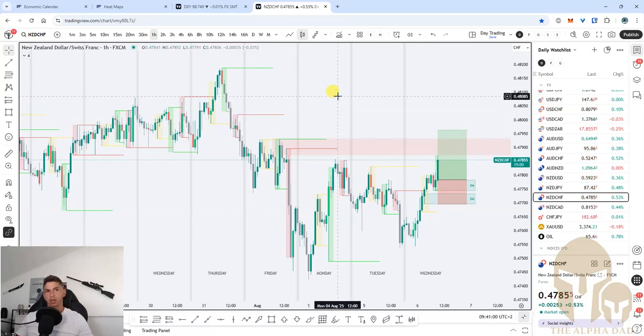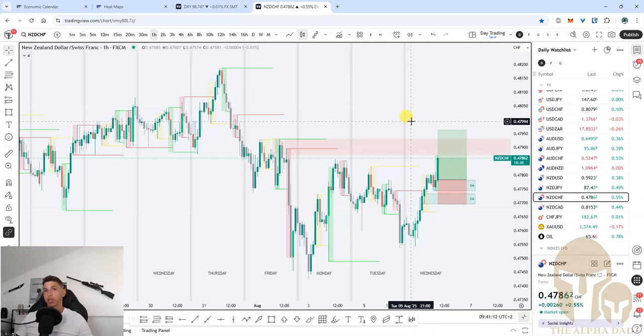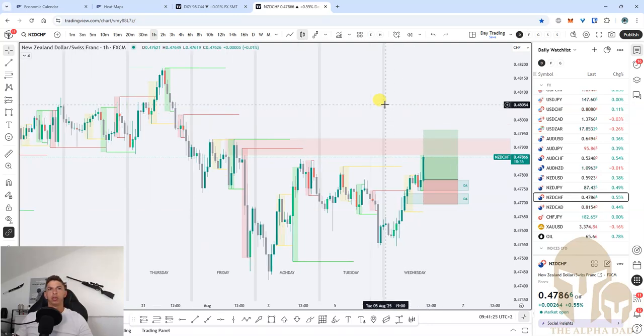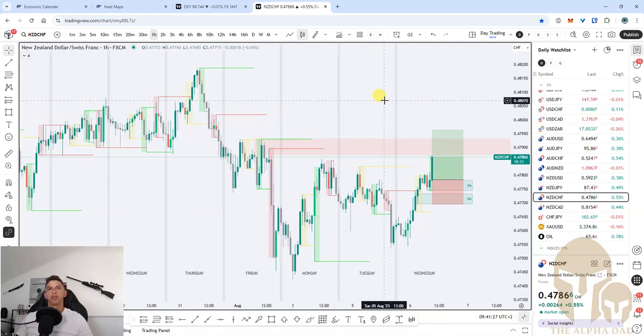The thing that you need to know is that you are exposed to the New Zealand dollar in both. So it's not worth it to play both, right? Unless you play half size on each. That's fair enough. So yes, I would suggest for you to go half and half on NZD.